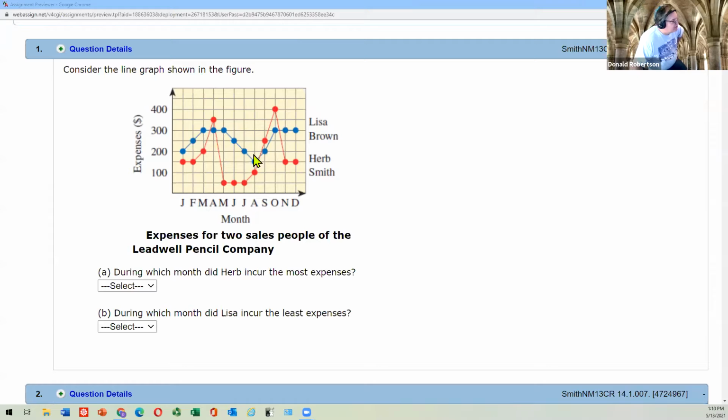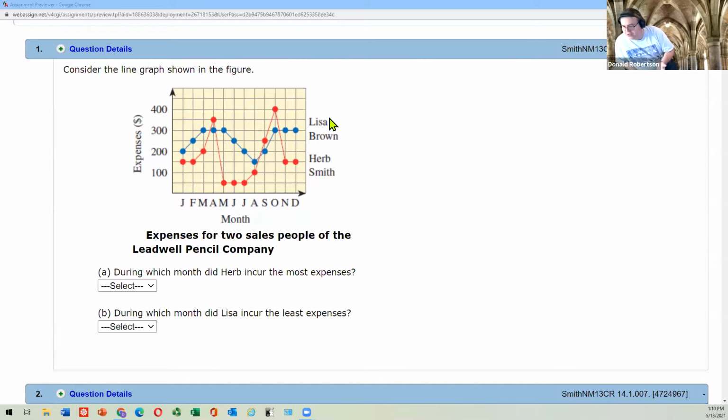If I look at Lisa's, she has good and bad days, but really for Lisa, that's the month that she spent the least. If I was just vaguely describing this, I would say that Lisa was pretty consistent with her expenses.